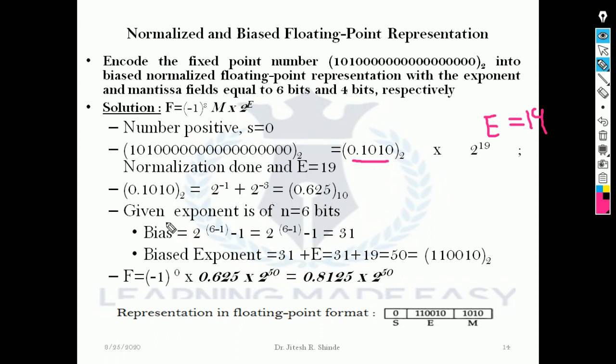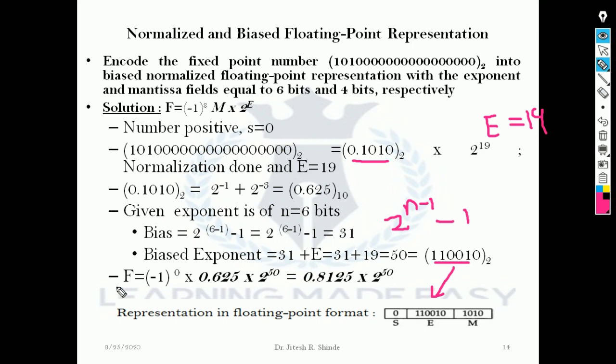Given the exponent is n equal to 6 bits, using the formula, 2 to the power n minus 1, minus 1, we get a bias of 31. The biased exponent is 31 plus E, and the answer is 50. Thus the biased exponent value is copied here. How many bits? 6 bits, 110010. So 6 bits have been copied here. This is the floating point representation.